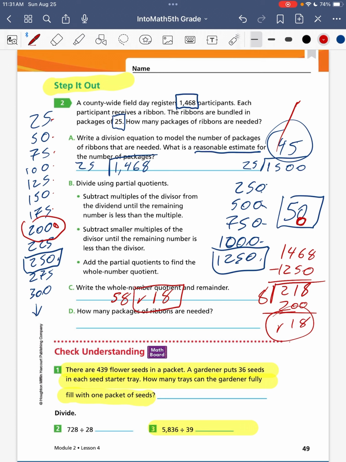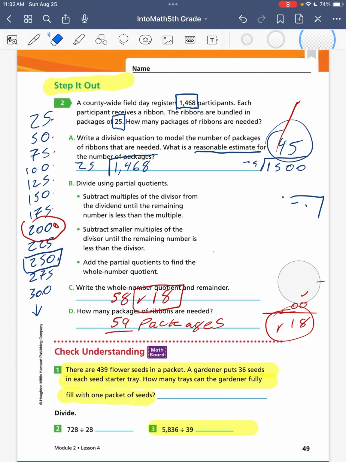Well, you can't just buy 18 ribbons, so we round this up to 59 packages. Somewhere in my estimate, I was a little low, only estimating 45.